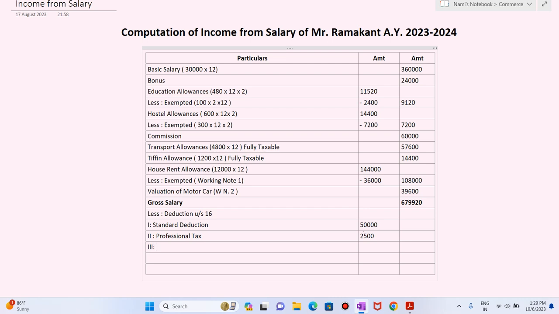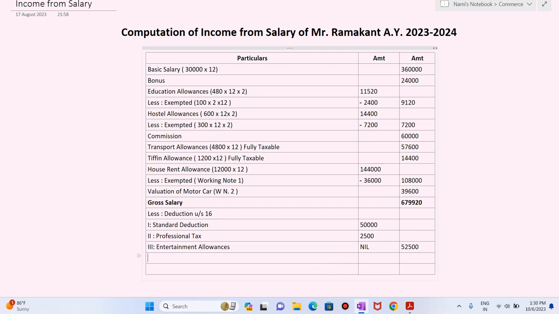Third is entertainment allowances. There is no entertainment allowances, that's why nil. Okay, so how much is remaining? 50,000 plus 2,500, we get 52,500. Okay, so this is the deduction under section 16.